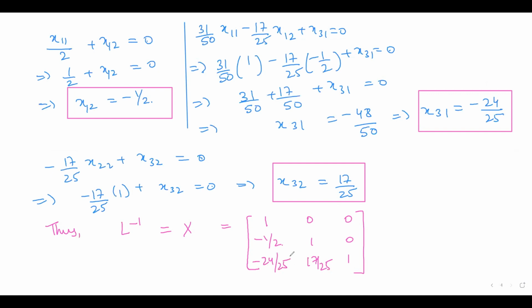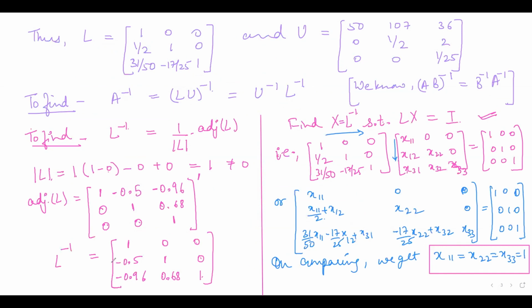So even when you calculate these values, 24 upon 25 is 0.96 and 17 upon 25 is 0.68, which is the same as we have observed here. The same. So there are two ways in which you can find out the inverse, either this way or that way, whichever way you find easier. So obviously you need to choose one only.